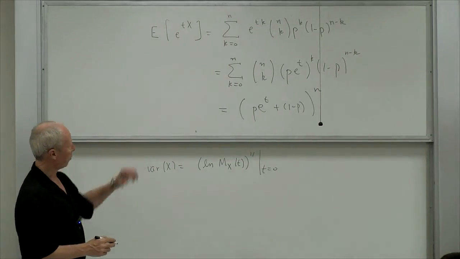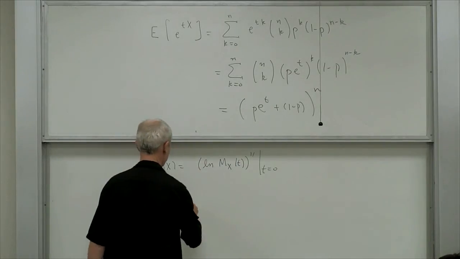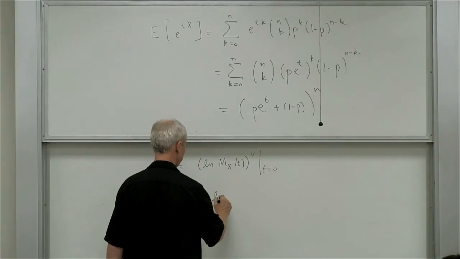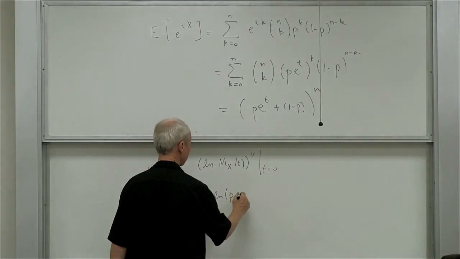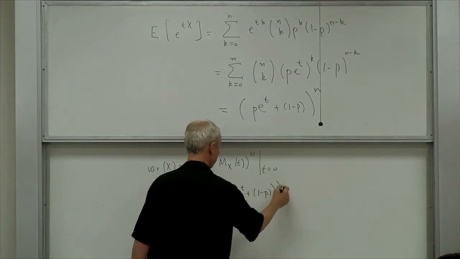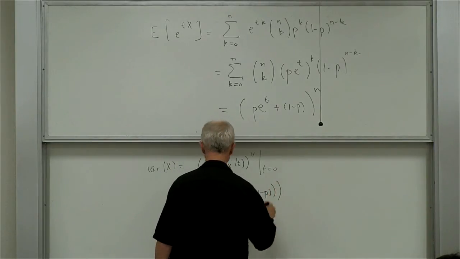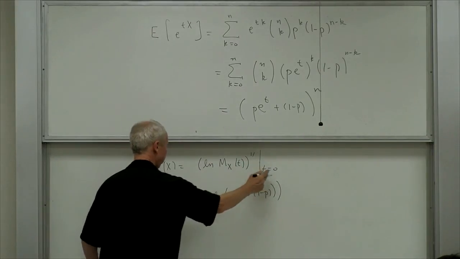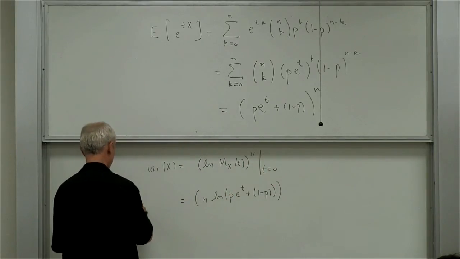So here's our moment-generating function. We should take its log. And then we're going to evaluate it at t equals 0. So in order that I don't have to write this every time, I'm just going to say log.